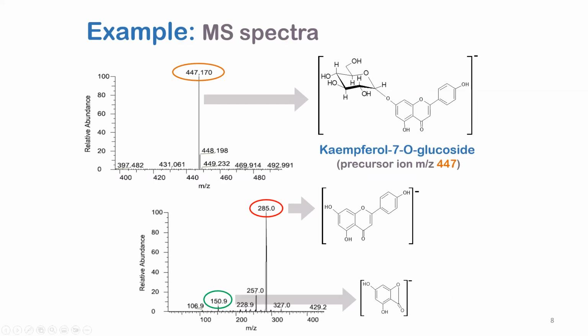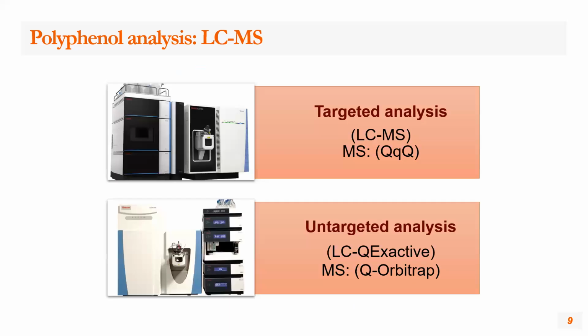It's called the precursor ion. And when it's fragmented, it gives different fragments, different puzzle pieces, as I mentioned. For example, this 285 and 151, and actually they are two major parts of that compound. And if we show these two parts, we can confirm that the compound was there.